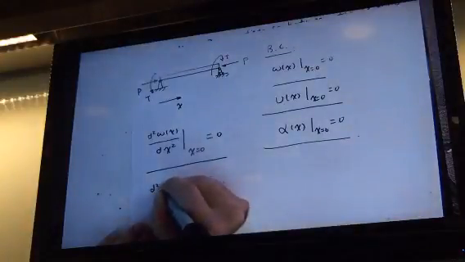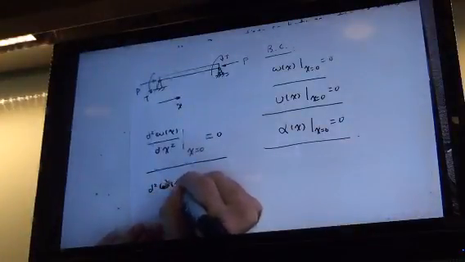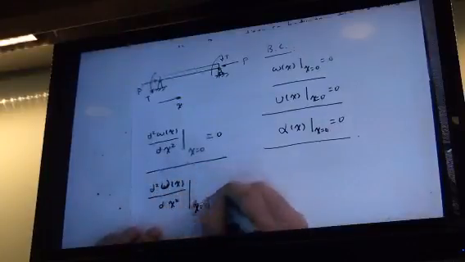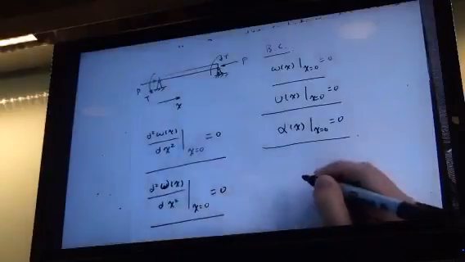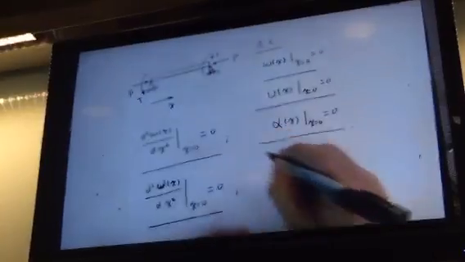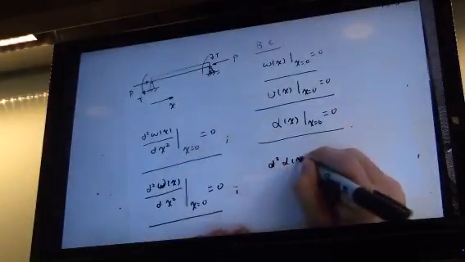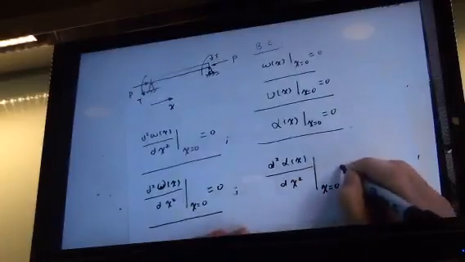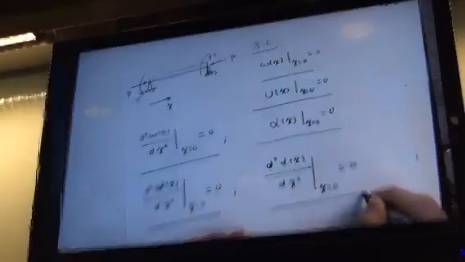Similarly, we have the second derivative of V with respect to x will be 0. This is from the moment about the y-axis at that point being 0. And also the second derivative of alpha(x) means the torque at the pinning point, which is 0. We have 6 boundary conditions.